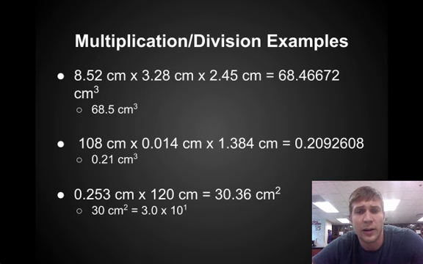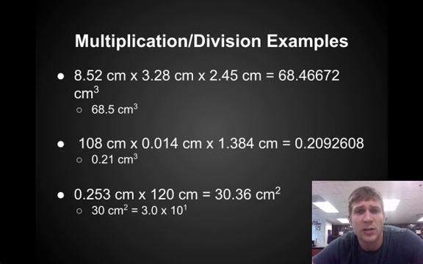When I put that in my calculator, I get 30.36 centimeters squared. I need to change that 30.36 centimeters squared so that it has 2 significant figures. So I changed it to 30 centimeters squared. But looking at 30 centimeters squared, I realize that it only has 1 significant figure. That trailing 0 is not significant because there's no decimal point.